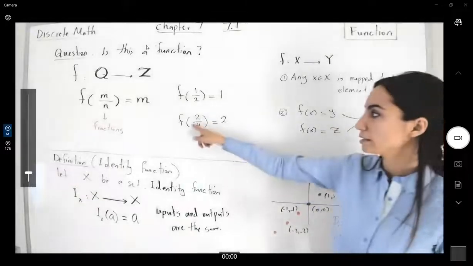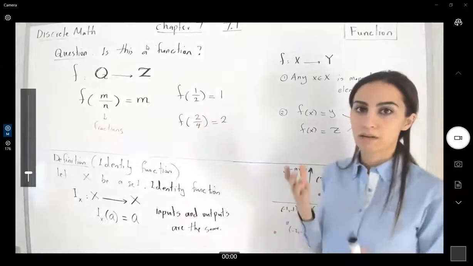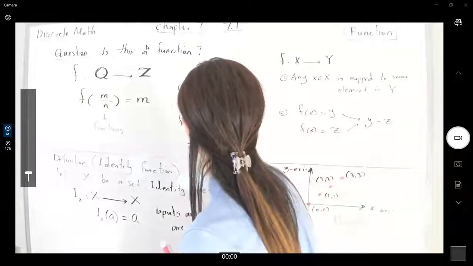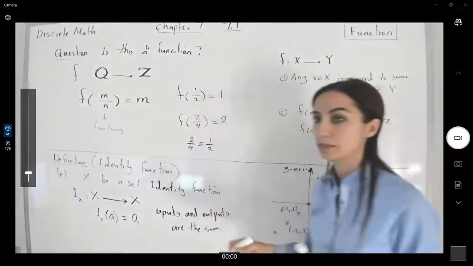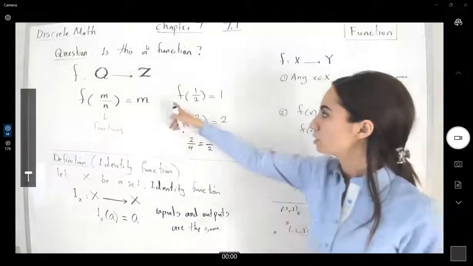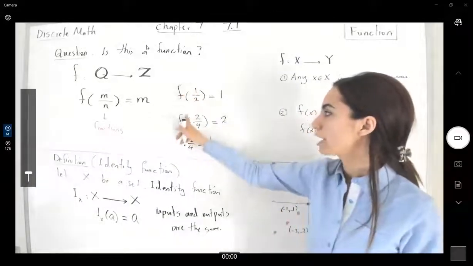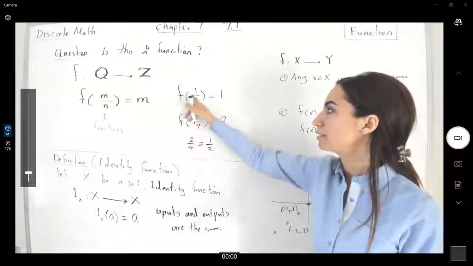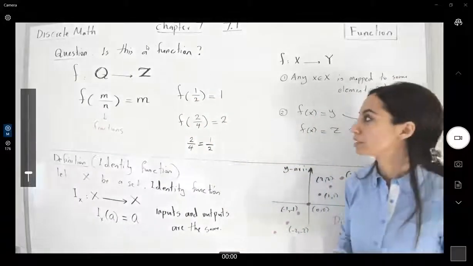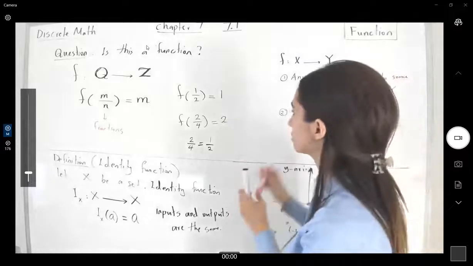Note that these two numbers are basically the same. 2/4 is equal to 1/2, right? After simplifying them. And I didn't impose any condition here. So f of 1/2, f of 2/4. X values are the same, but y values are different from each other. 1 is different from 2.